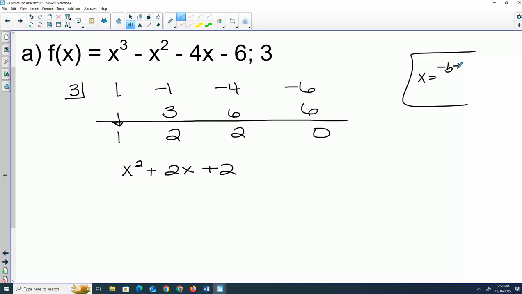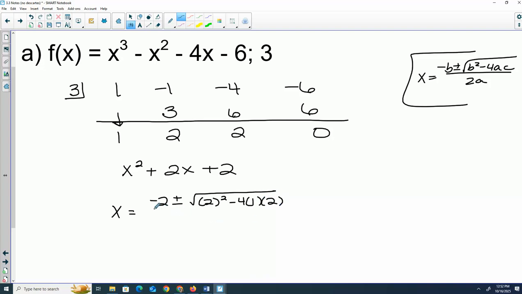Opposite of b plus or minus the square root of b squared minus 4ac all over 2a. So the opposite of b would be a negative 2 plus or minus the square root of 2 squared minus 4 times 1 times 2, and 2 times 1.